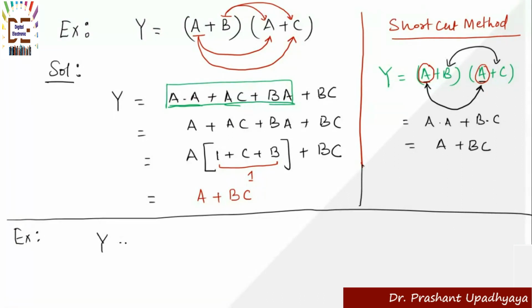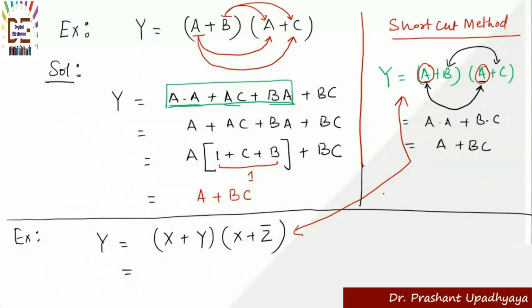Let's say my y is equal to x plus y into x plus z bar. From the shortcut trick, find what the answer will be. According to the shortcut, my answer should be x plus y z bar, and let's check whether we get this. I multiply x dot x plus x into z bar plus y into x plus y into z bar.